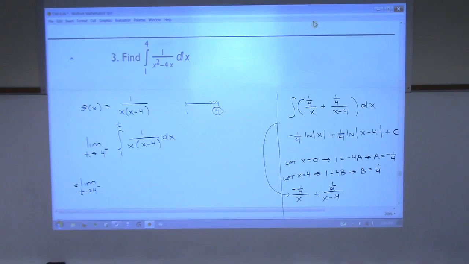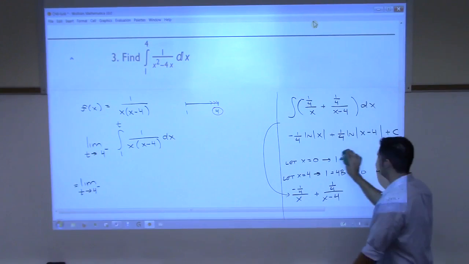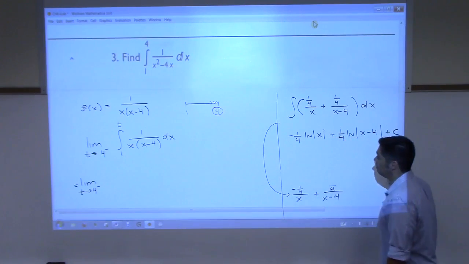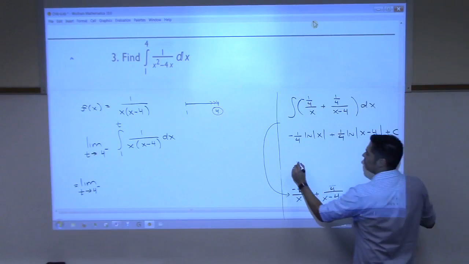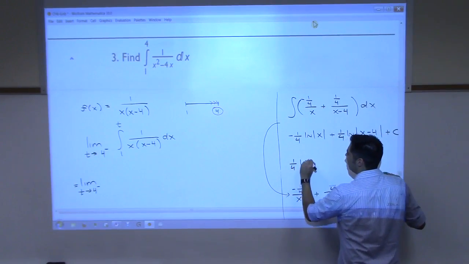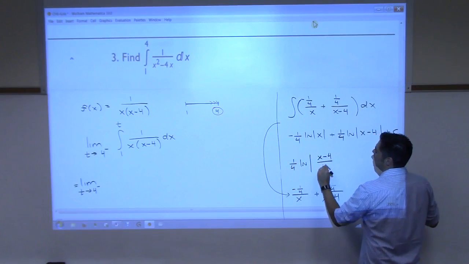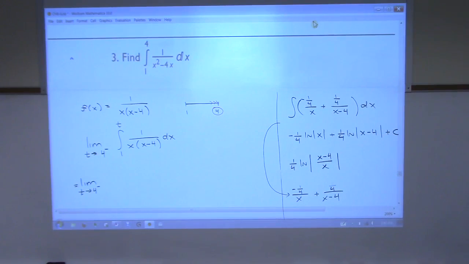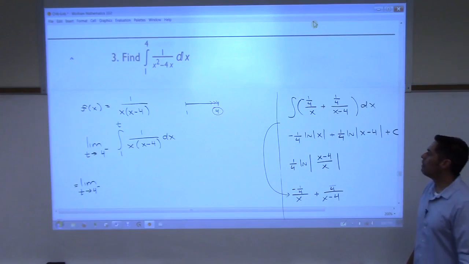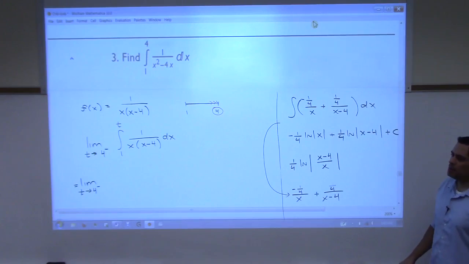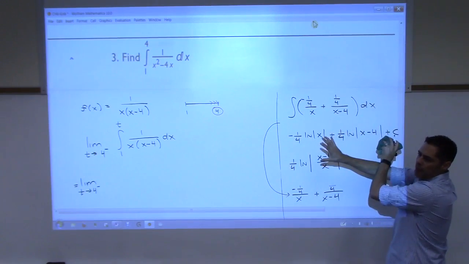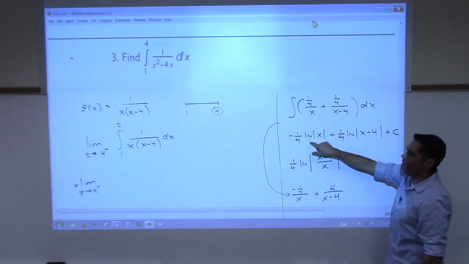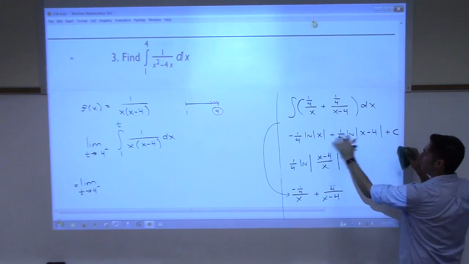Yeah, I could pull 1/4 out. You want me to move that to the front? Sure, I don't mind. But let me do you one better. How about 1/4 natural log x minus 4 over x? I did it, so I want to see if you follow this. What I did is I just rearranged these like that. So I put this one minus this one. Imagine switching the order of these.